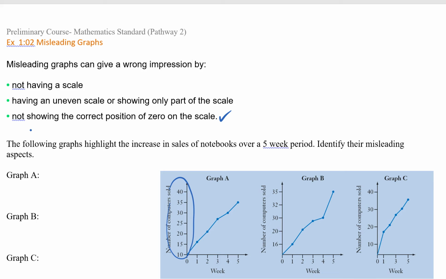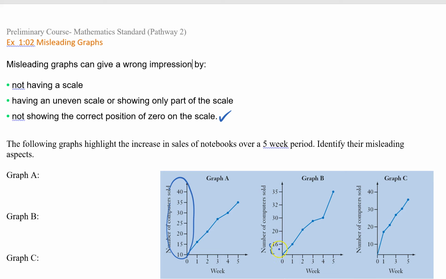Another thing that we avoid when we're actually constructing a graph is we must use our ruler to mark off our increments and make each increment worth exactly the same. So you can see here, from there to there, our assumption is this is 0, which is fine. We don't have to put a 0 there.